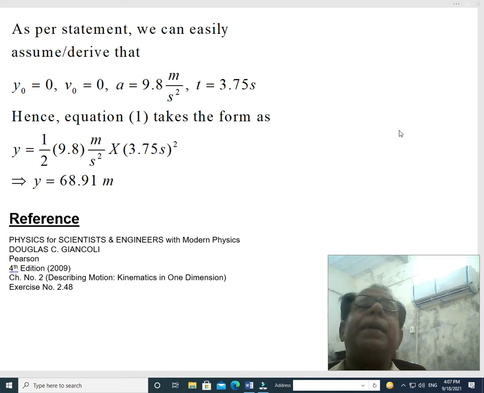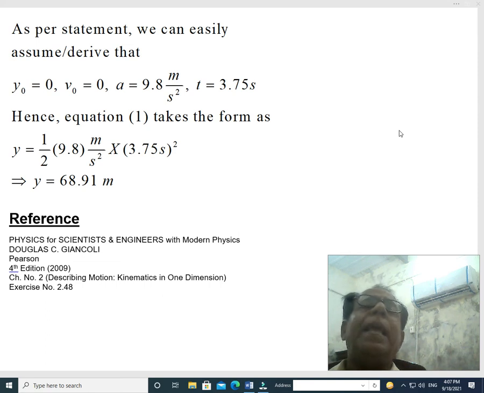Dear students, from this statement it is quite clear that the stone starts from y naught equal to 0 and its speed at the initial stage is 0, that is v naught equal to 0.